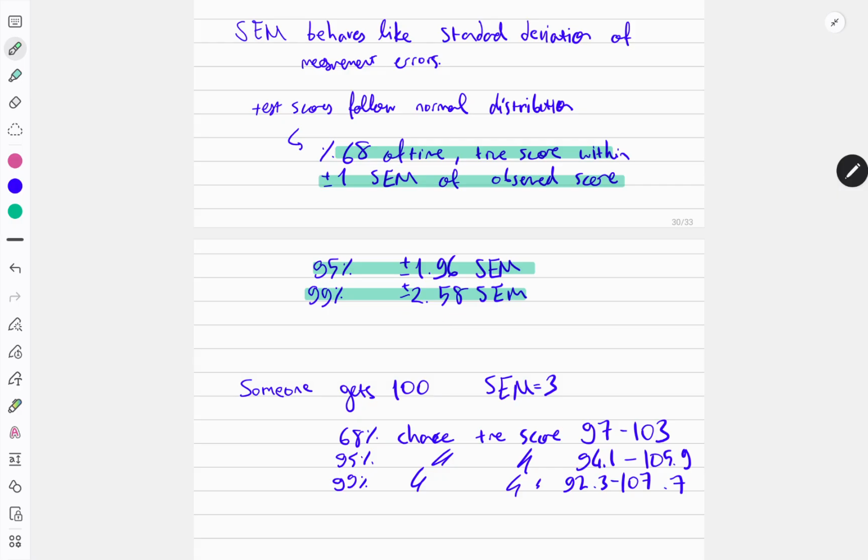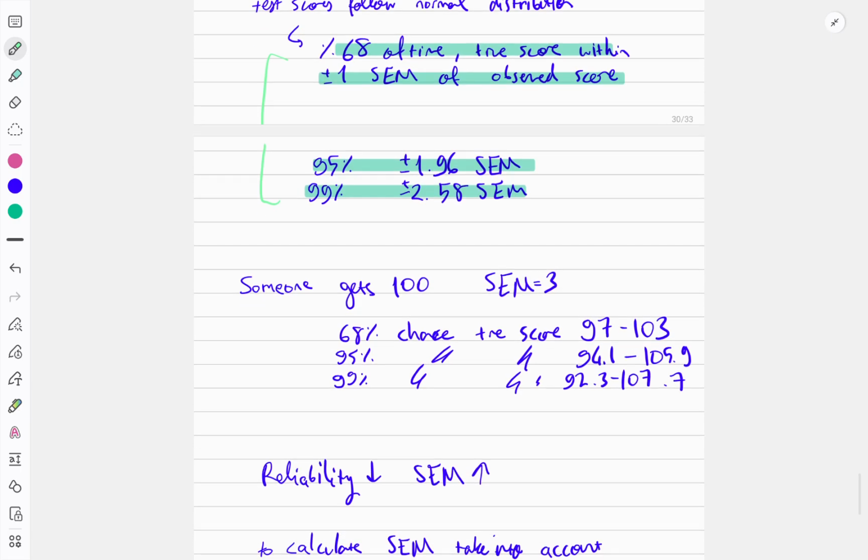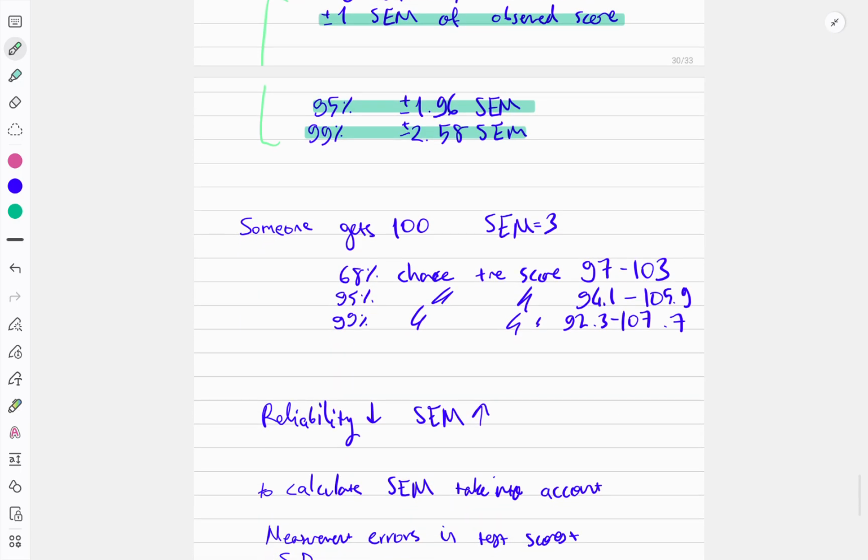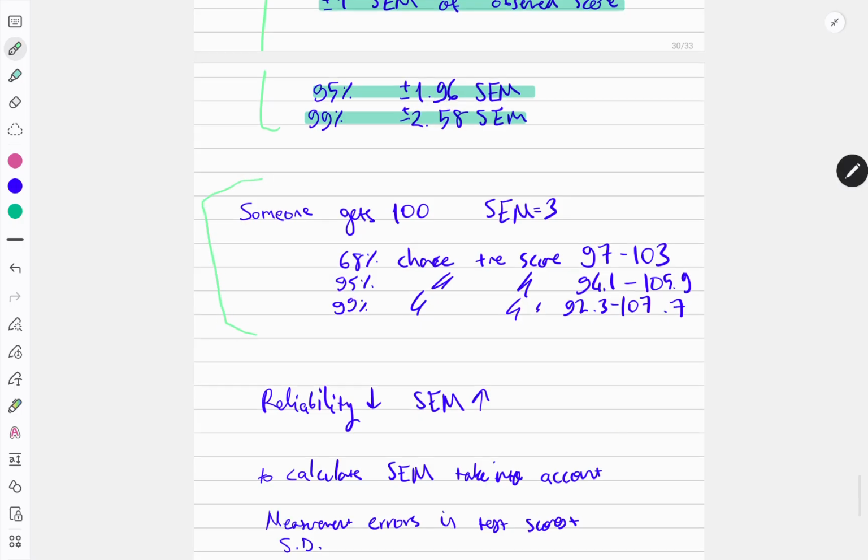Then we either deduct these points from or add these points to our test score, and what we get is our confidence interval.